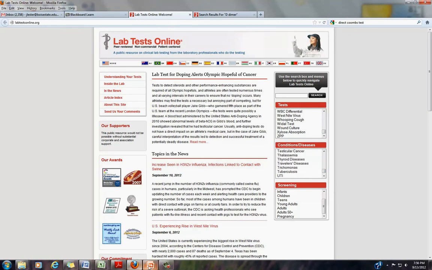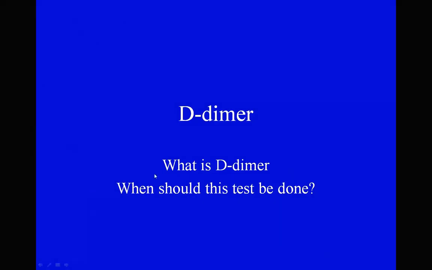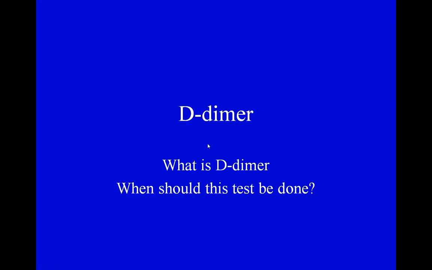So I just wanted to show you that helpful website. I guess you're going to have to trust me on what D-dimer is then. It is really similar to what the degradation product was. D-dimer is a waste product that's produced when there are clots breaking down.